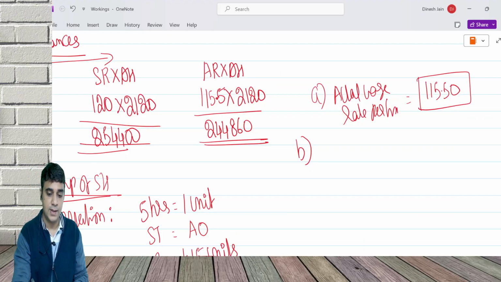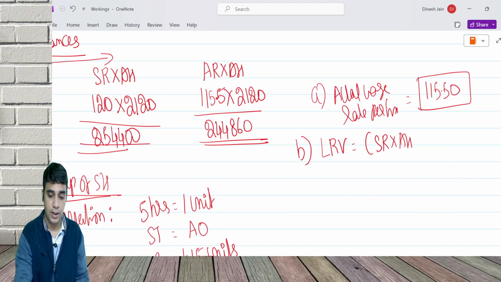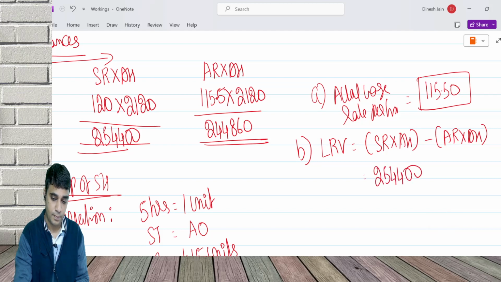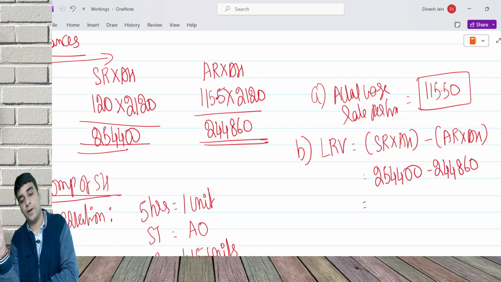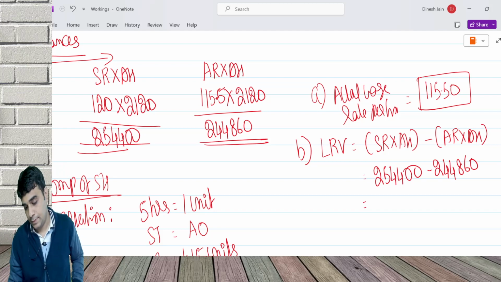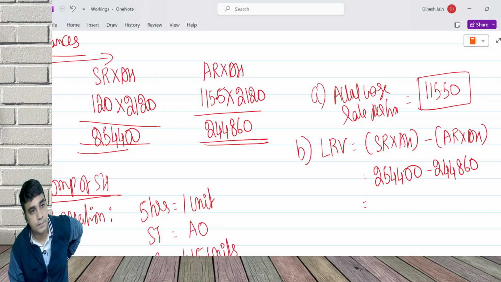Labor rate variance equal to SR into AH, AR into AH, 254,400 minus 244,860.